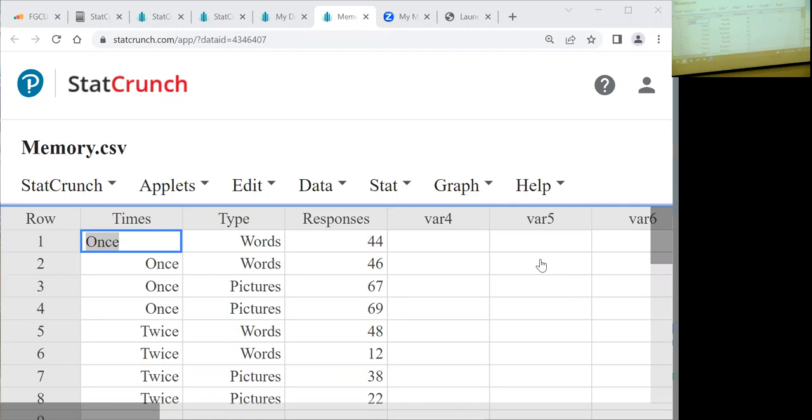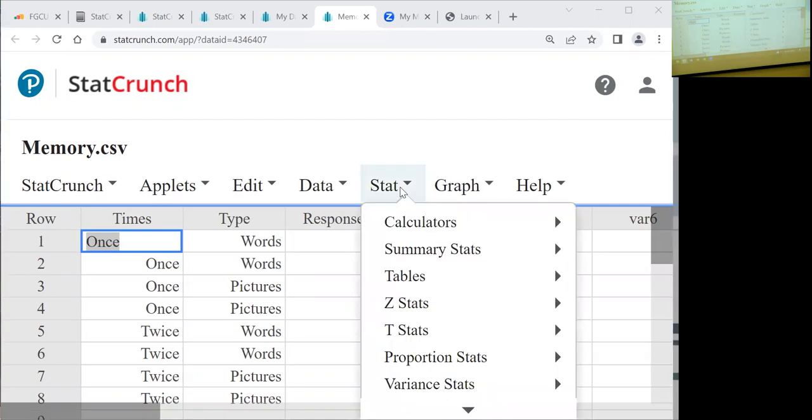What about going from words to pictures? Possibly. And then lastly, the interaction. Possibly. Of course, in science, I can't write an article and say, possibly. That would make me look really stupid, wouldn't it?